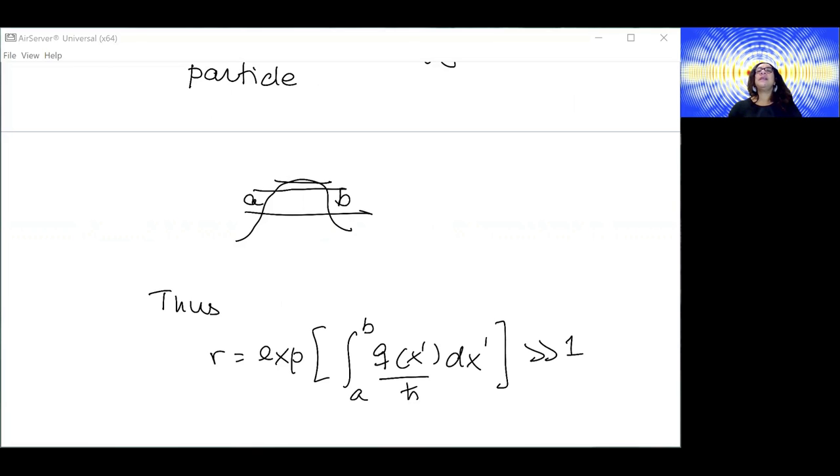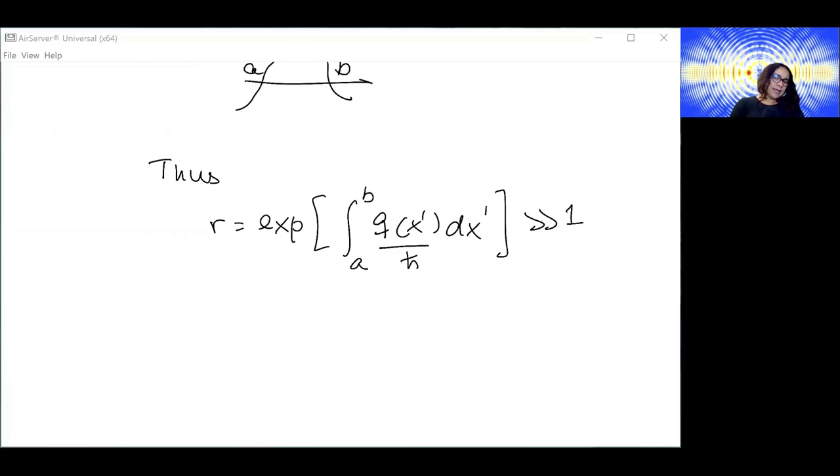Okay, so if this is bigger than 1, we're going to find that J_T over J_I is going to be approximately 1 divided by R squared.